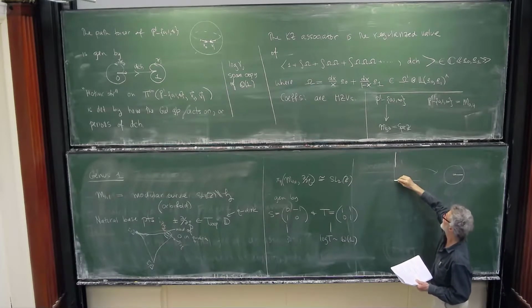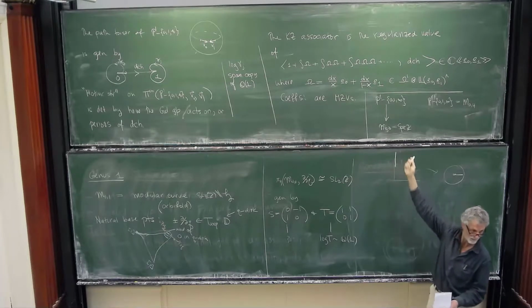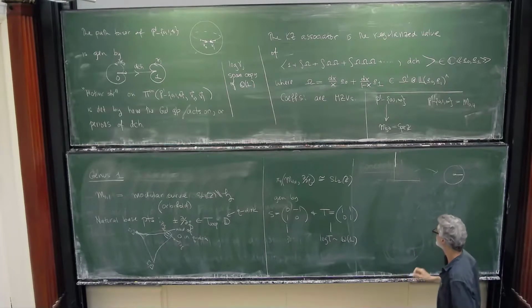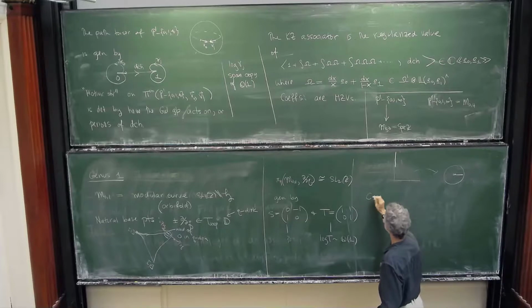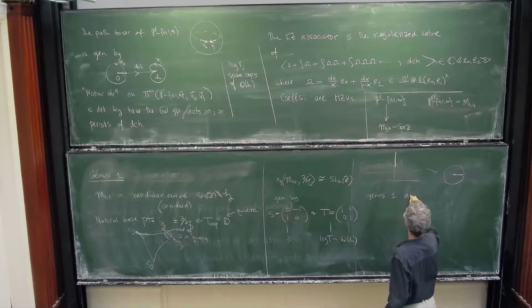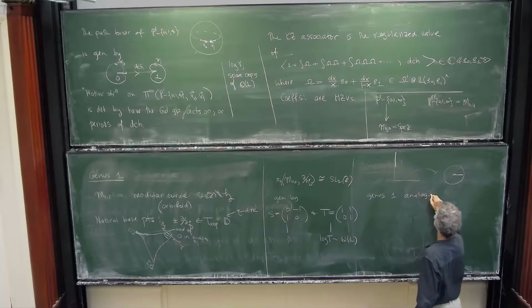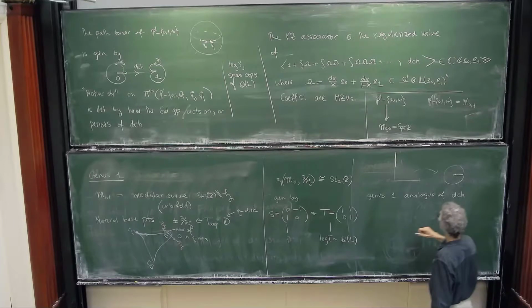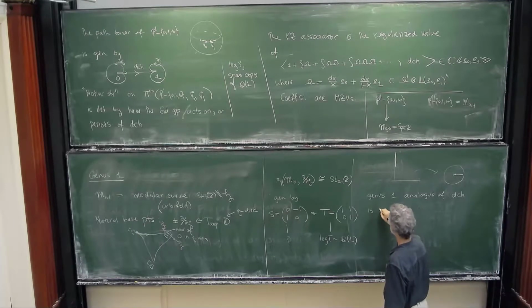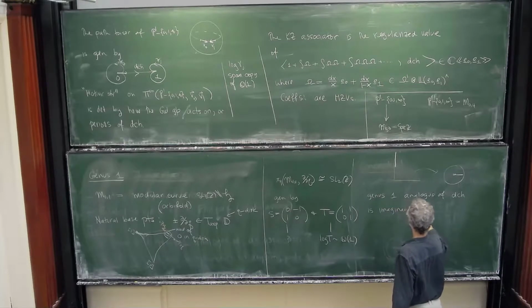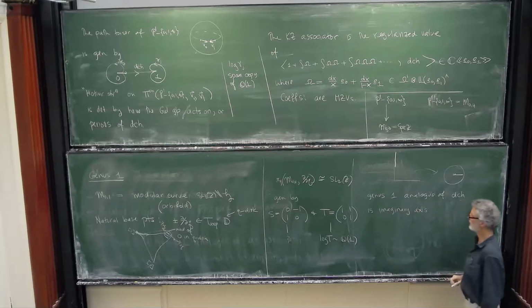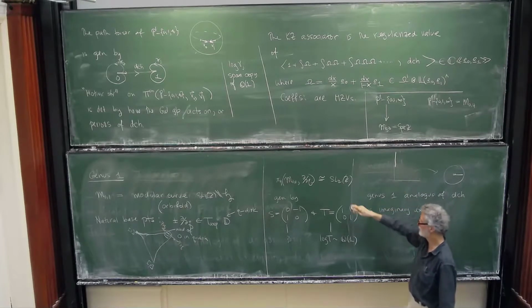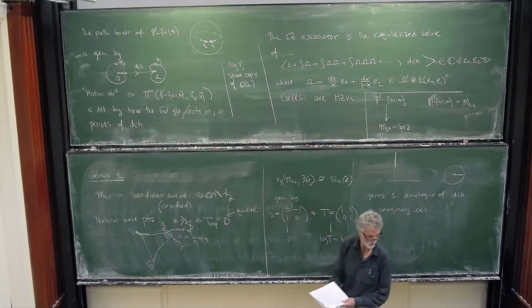It's the path joining 0 to infinity, right? That's a loop. So the genus 1 analog of DCH, the straight line path, is the imaginary axis. So that it represents an element of pi 1 with this tangential base point.